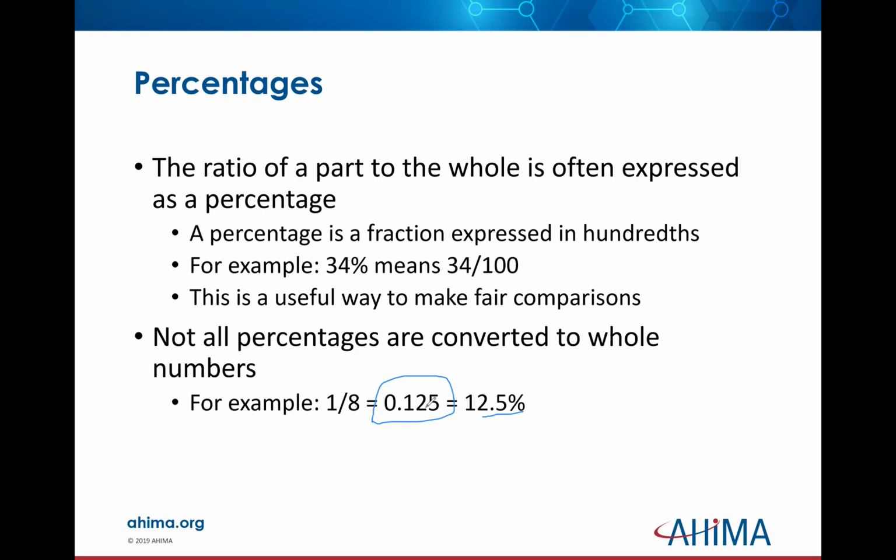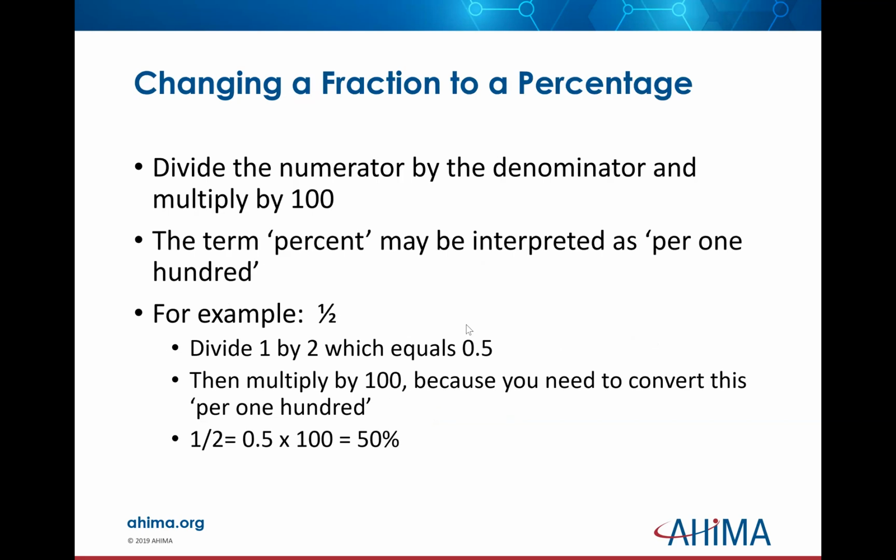So we have three decimal places, which you saw in the last video lecture. That is 100ths, this is 1,000ths. 12.5% is basically the same as 0.125.